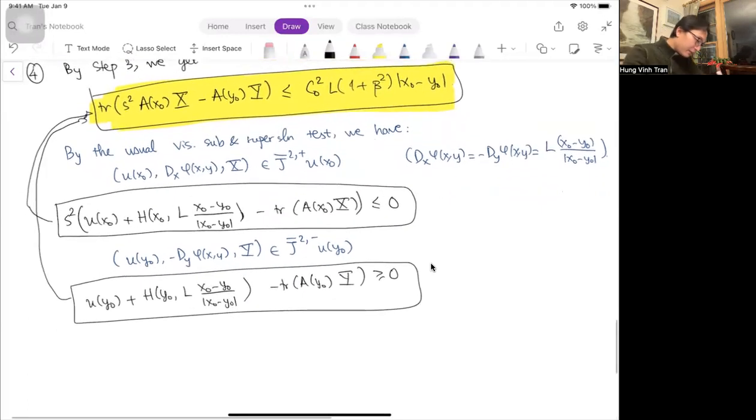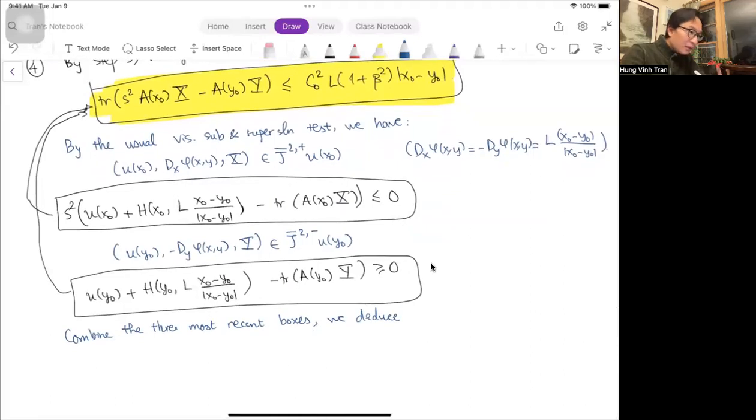So what do we have? Let's combine the 3 most recent boxes. We can deduce that the trace, okay, let's write this one.